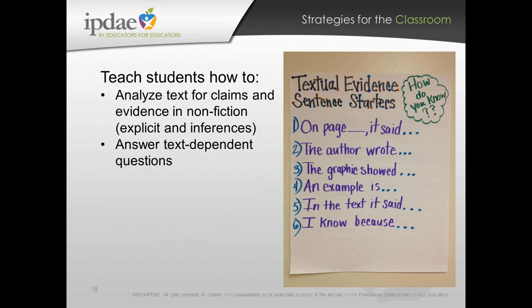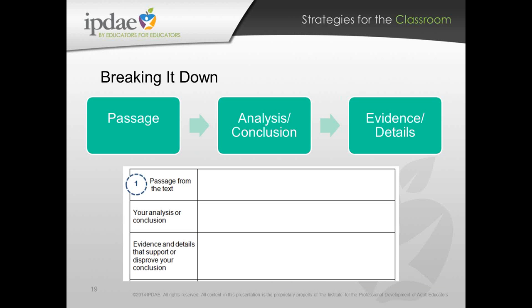But how do we do that? What strategies work well? Well, one of the things we need to do with students is always break down what they read. All of us, when we're reading complex text, do this. We take a look at a passage, we analyze or evaluate it, and then we show evidence that supports or disproves our conclusions.